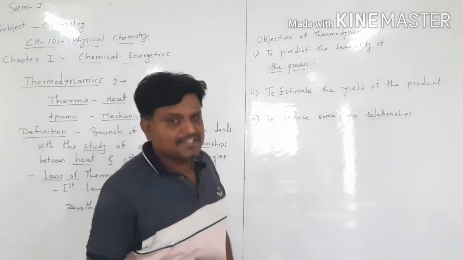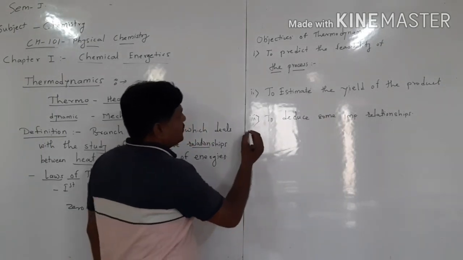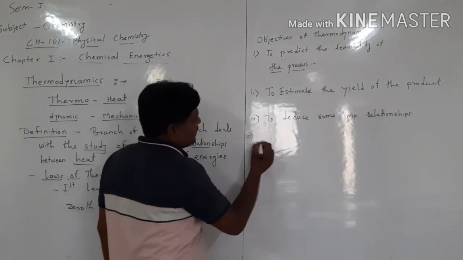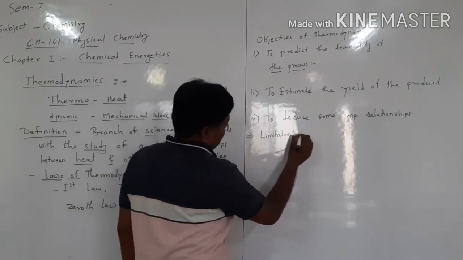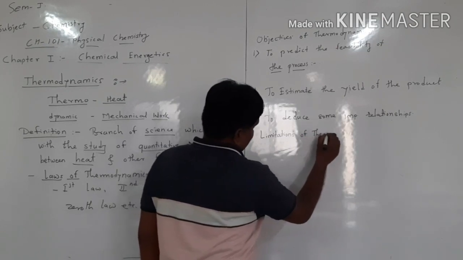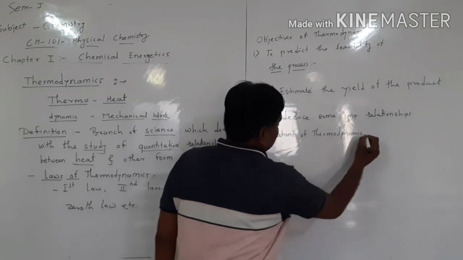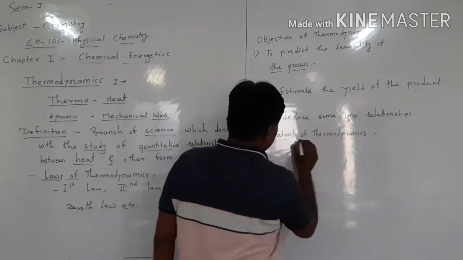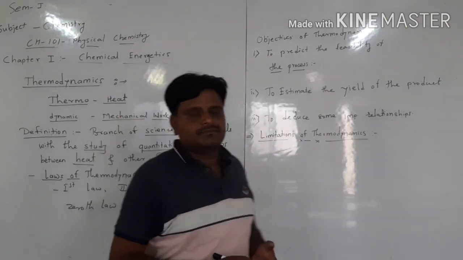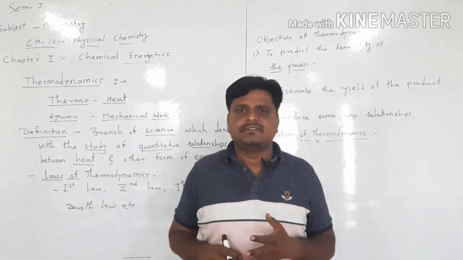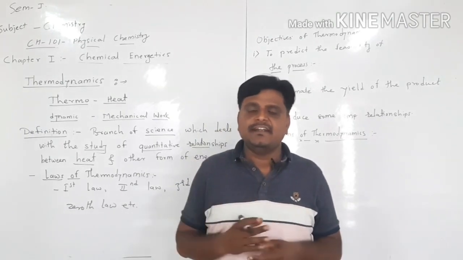The next one, limitations of thermodynamics. After the objectives we can see the important point, which is limitations. So listen students, when we learn any concept, there are two sides of a coin, pros and cons.